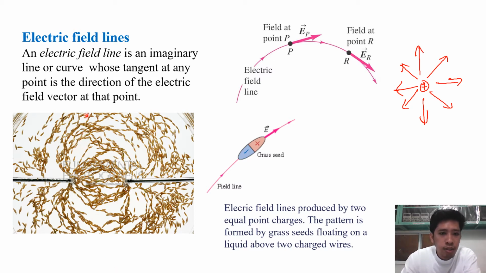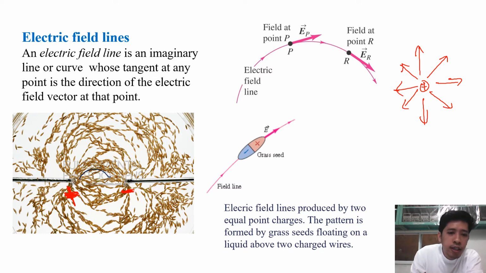You put these grass seeds on a dish, and on one end you put an open wire, and let's say this wire is positively charged, and at this point you have a negatively charged wire. These have some separation distance and are not in direct contact, and you'll see from your experiment that these grass seeds actually align to the electric field produced by these two wires of opposite polarity.